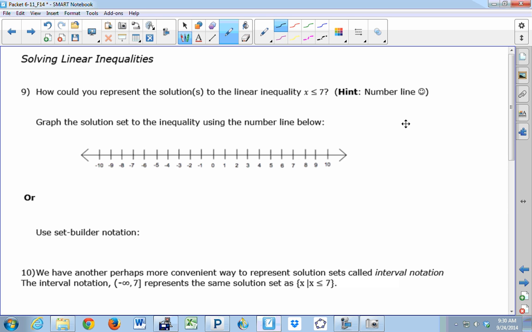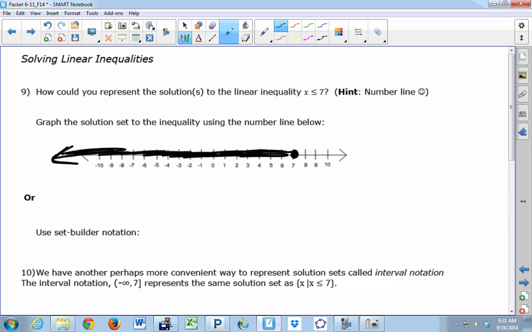A filled in circle where, Matt? At 7. And why? All right, and then you would just do an arrow continuing to the left, and where does it stop? Doesn't. Right. Doesn't stop, and we say that that arrow goes towards negative infinity.